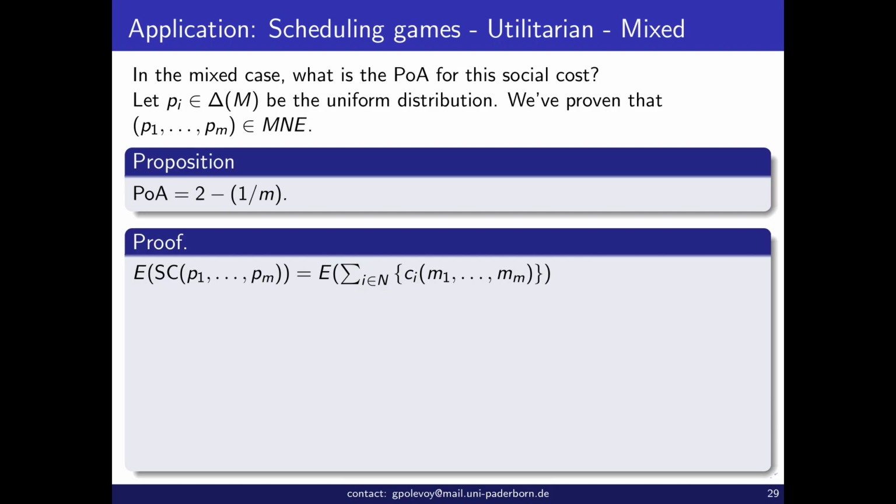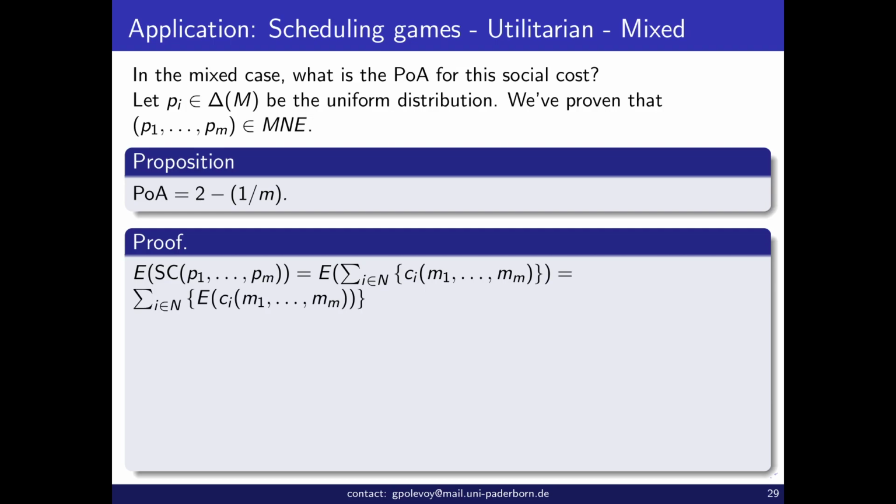We prove it by first looking at the difference between the cost of an equilibrium and the optimum cost. So the expected cost is the expectation of the sum of the costs.